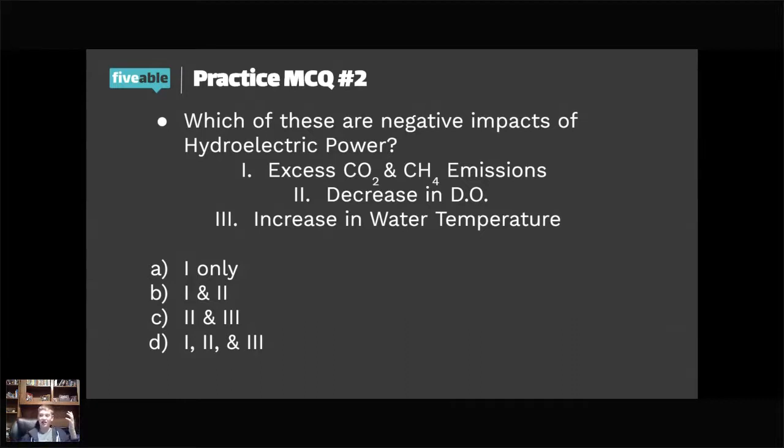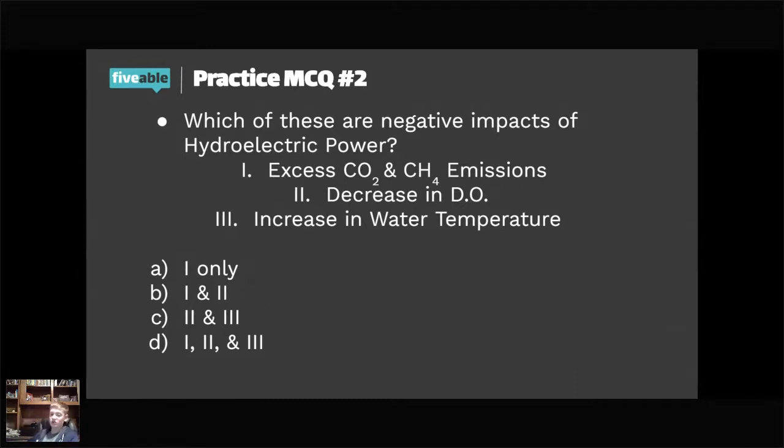And what that means is that when all the dissolved oxygen is used by the aerobic decomposers, there's no more for the fish. So that means that there is a decrease in dissolved oxygen because the little aerobic decomposers are using all of the dissolved oxygen in the water. So that one is also right. So we know that 1 is false, 2 is true, and 3 is true.